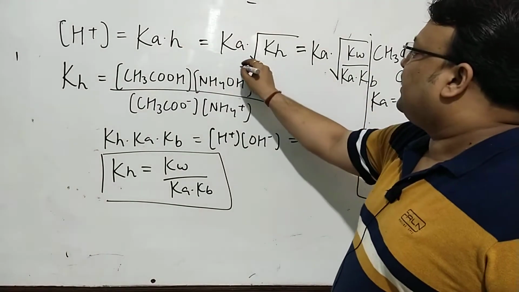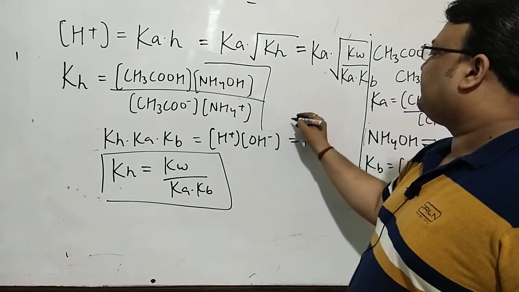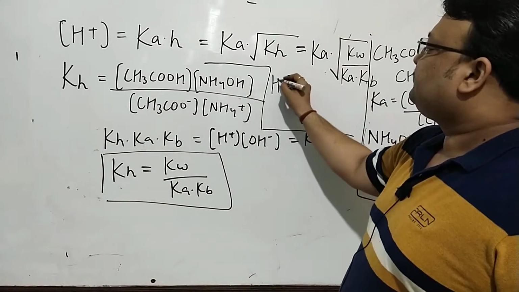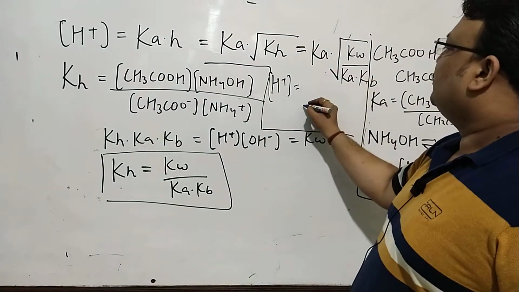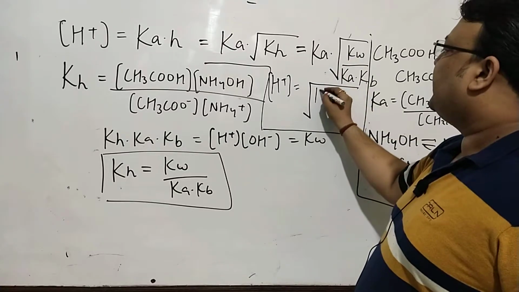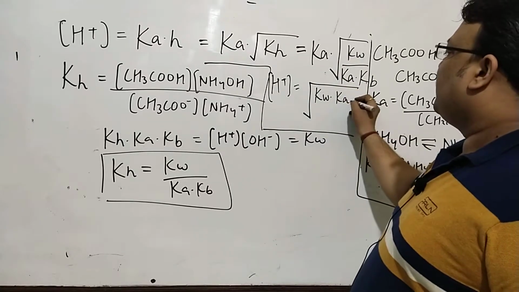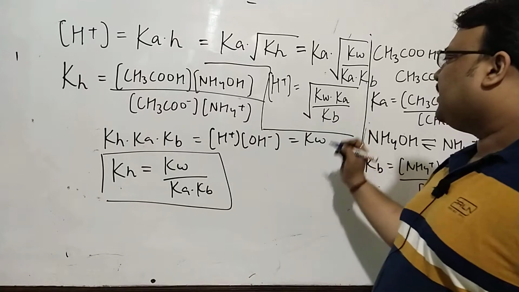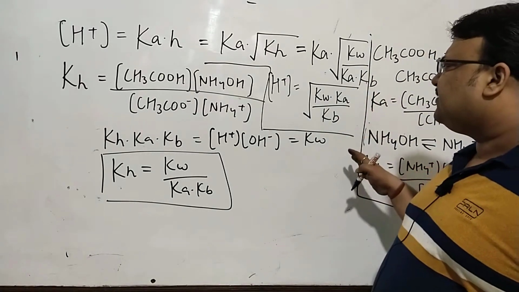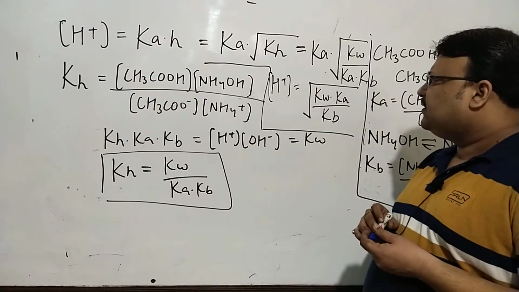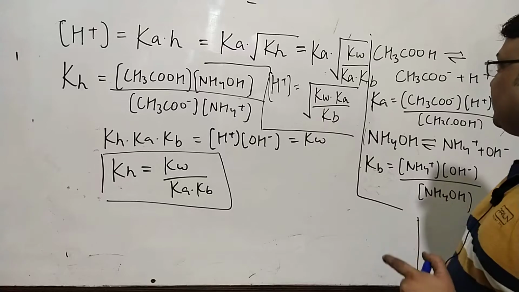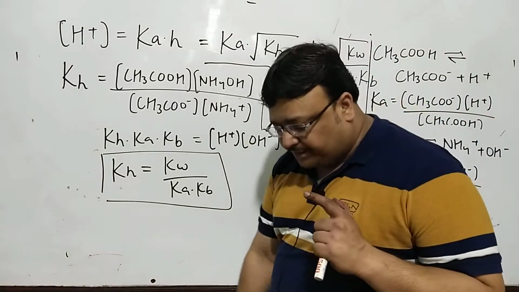I'll get H plus as root over of, see, one Ka will come in the numerator, so it will be Kw Ka upon Kb. And yet again, a couple of mathematical steps and we can get the pH value.